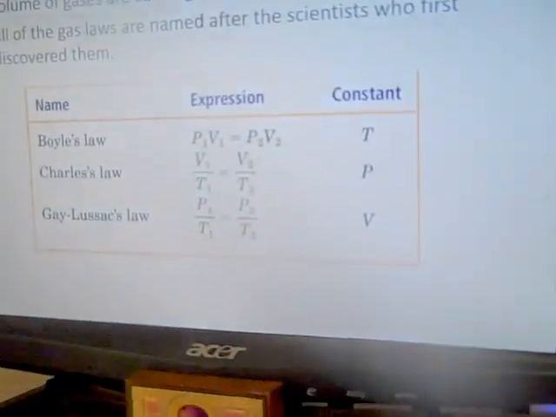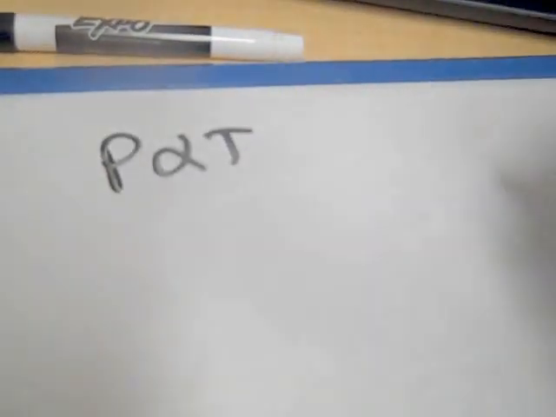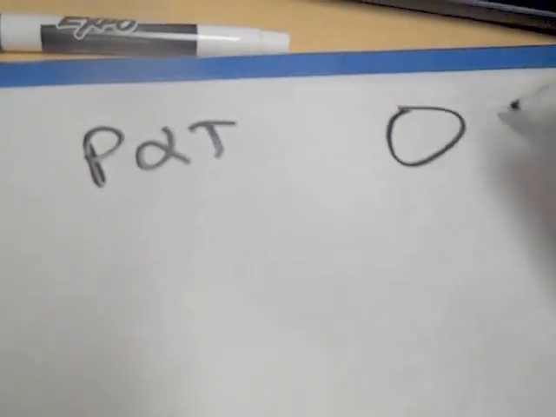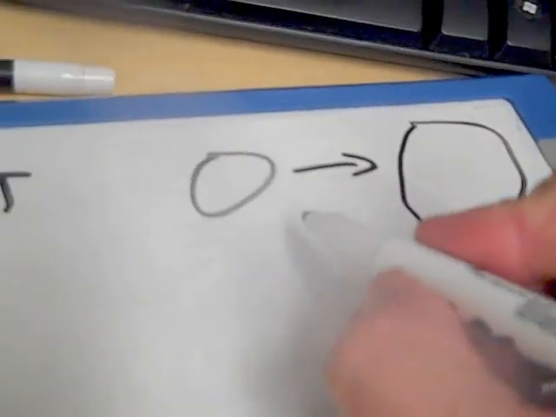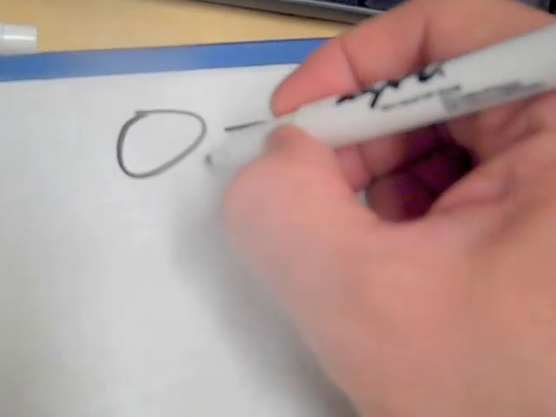The Gay-Lussac law similarly just says that there is a direct relationship between the pressure and the temperature here. So again, what we see here is that if we increase the temperature, the pressure increases.